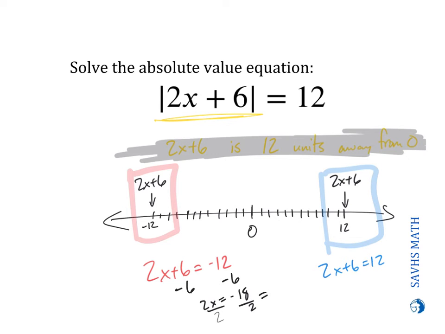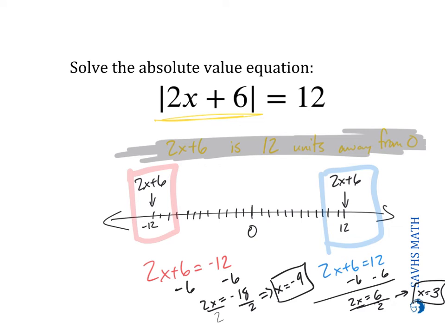And I get x is negative 9. So there's one answer. But then I also have to do it over here. So subtract 6. I get 2x equals 6, divide by 2. And I get x is 3.